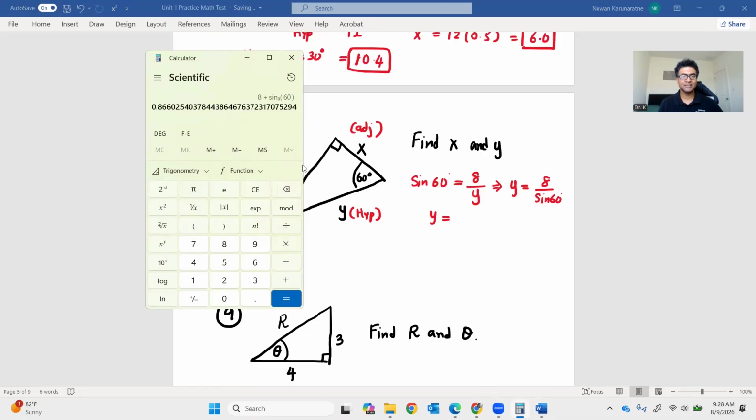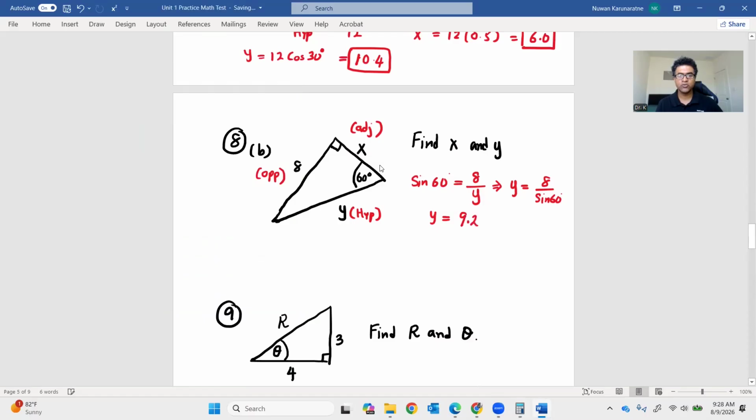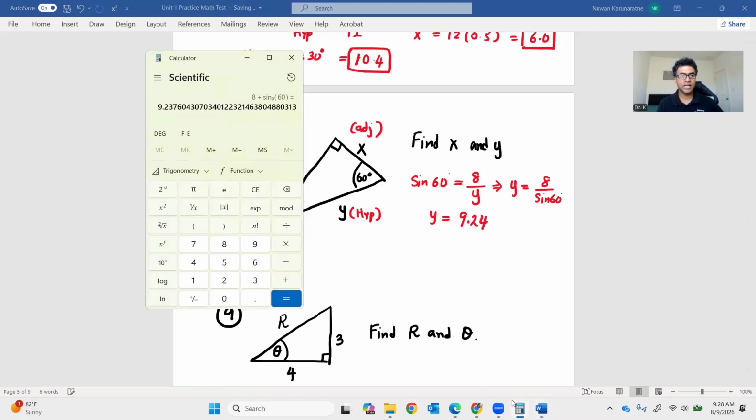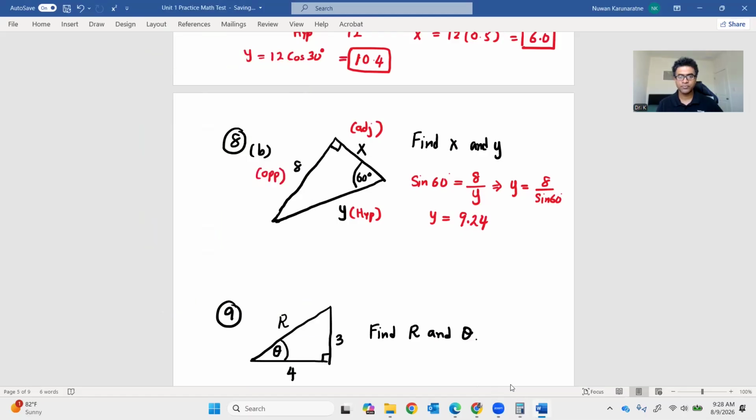Then I hit the equal sign, and I get the answer. 9.24, to 3 sig figs or 2 decimal places. That's what we got here, 9.24. So that's how you get your y value.